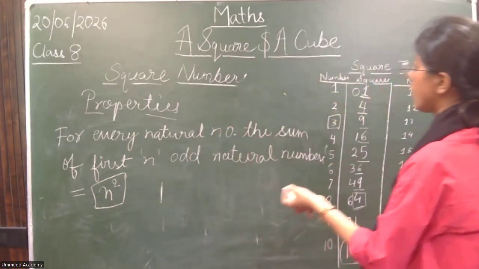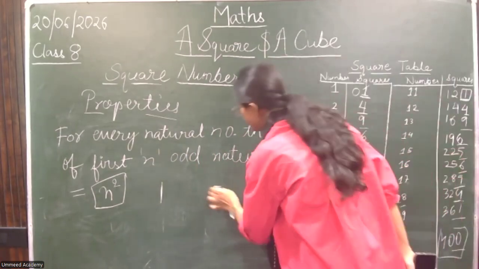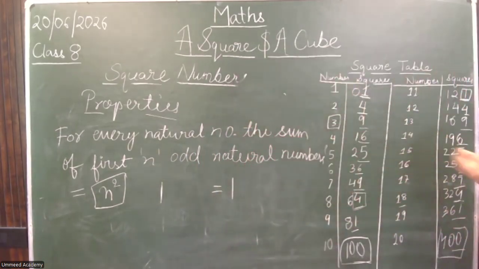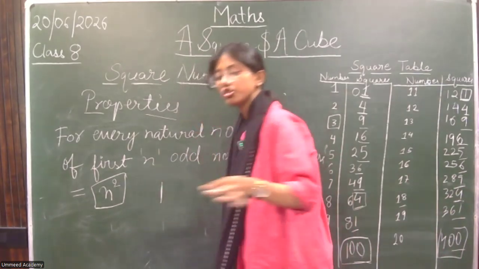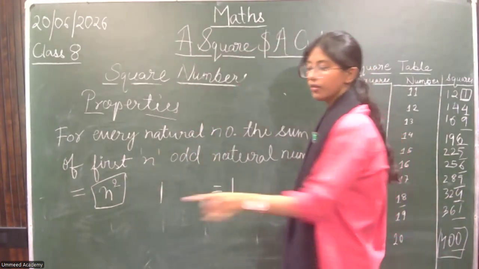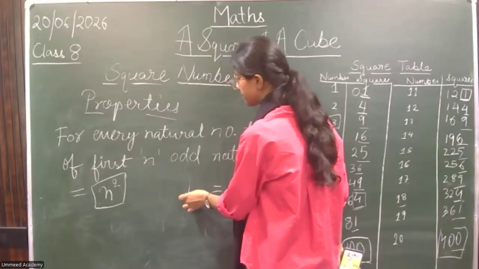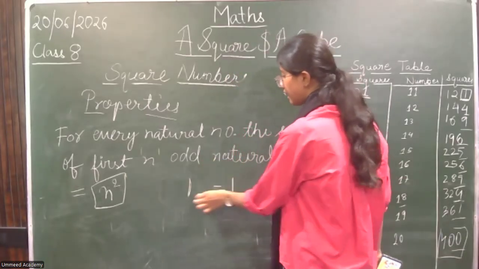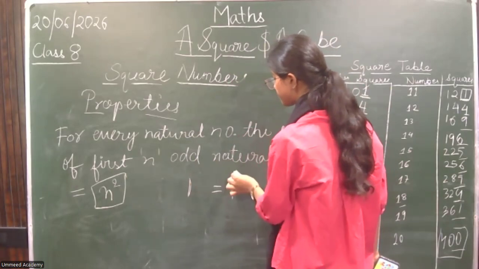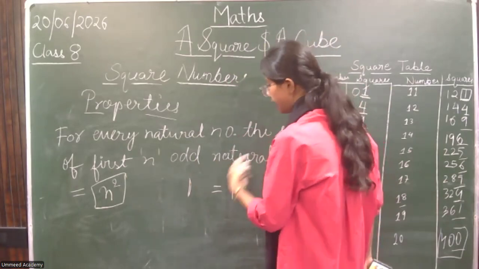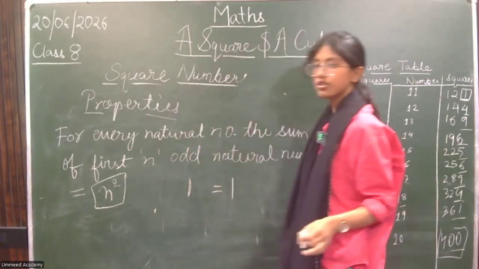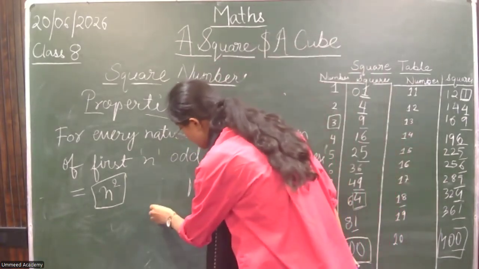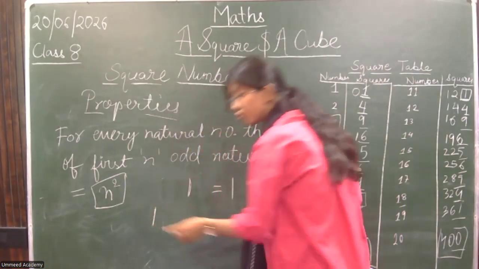So the square of 1 will be 1 only. Okay. What is the first natural number? The first is 1. And what is the square of 1? 1 only. So we are getting it. Now, what are the first two odd natural numbers, Pulkit? Ma'am, 1 and 2.